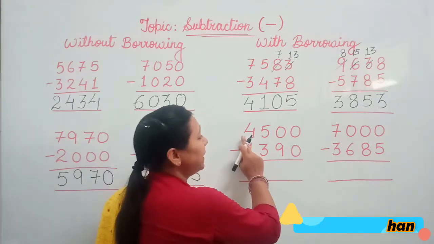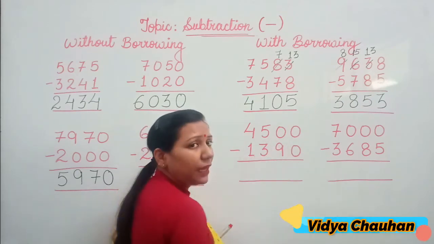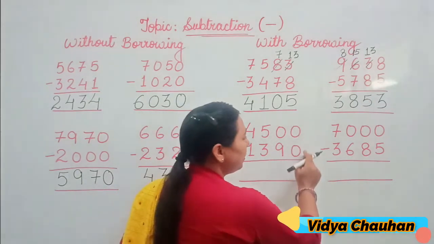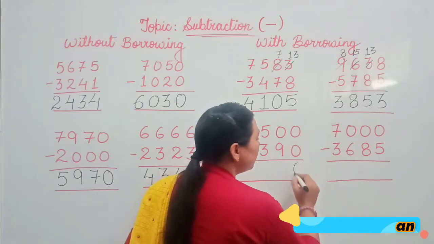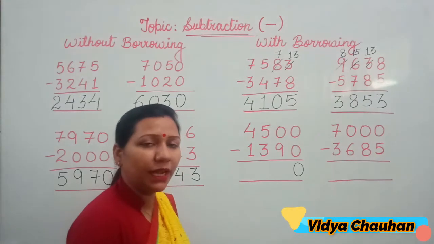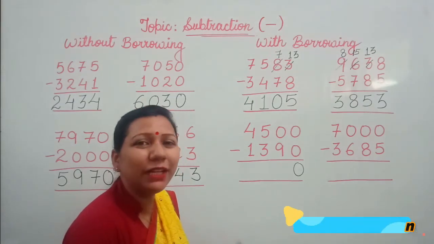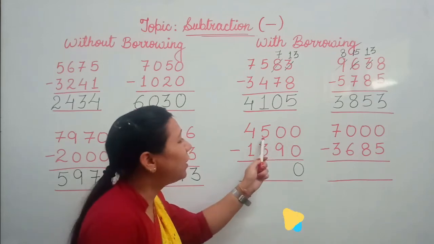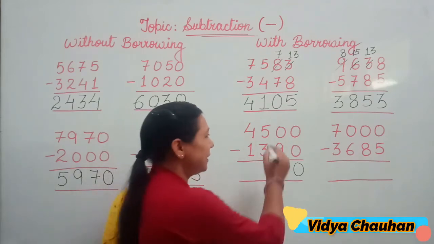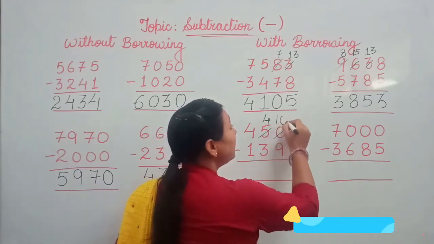The next question says you have to subtract 1390 from 4500. Starting with the extreme right side, 0 minus 0, 0. 0 minus 9. We cannot subtract 9 from 0. So what will we do? Yes, we will take a borrow from the next place, the 100 place digit. 5 will become 4 and the 0 will become 10.